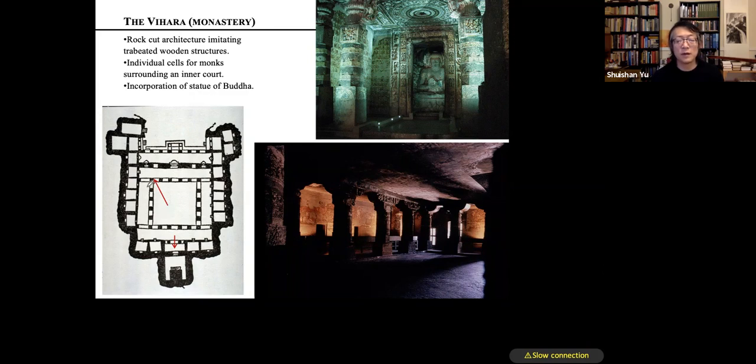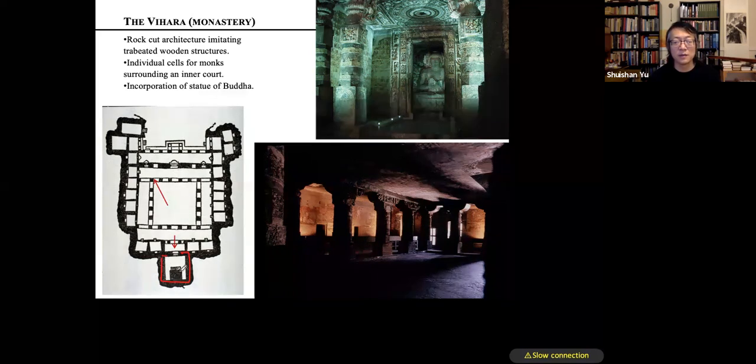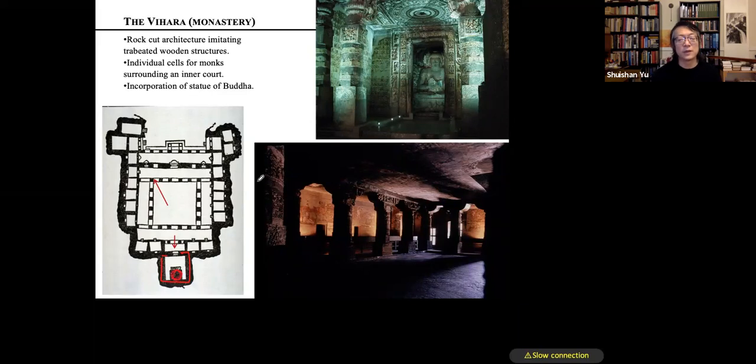And so for these viharas, the dorms, there's a small shrine in the back where collective worship could be done. And there's a statue of Buddha. Now, the center for worship is no longer the relics structure of stupa anymore. In this vihara, it is the image, it is the icon. So icon worship eventually replaced the relics worship as the central activity of a Buddhist monastery.